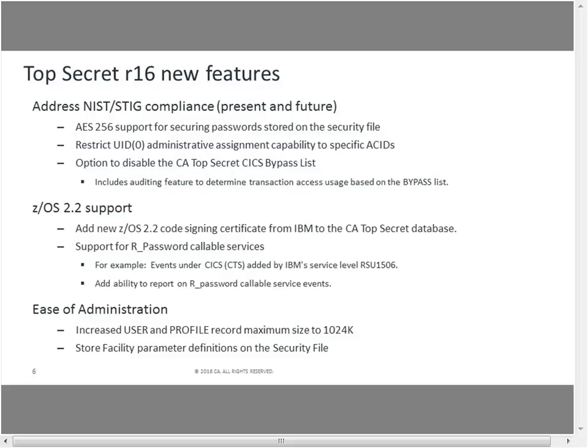So now we support up to 1024K. It's a control option to decide whether or not you want to have that level available. We've also added the ability to store facility parameter definitions in the security file, which was generated directly out of an active update on the ideas forum on our CA community site.